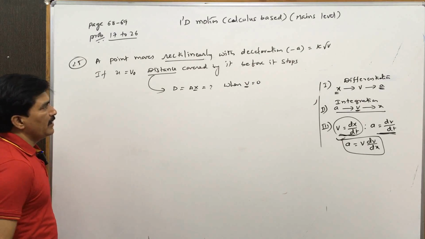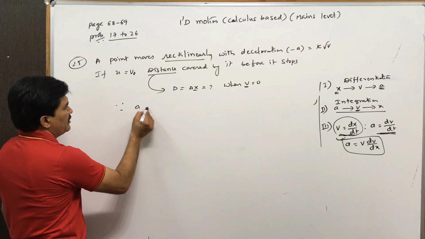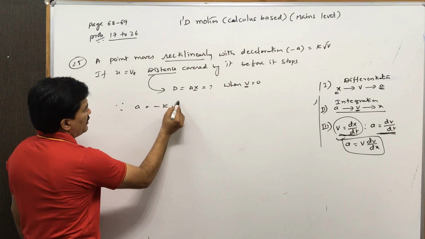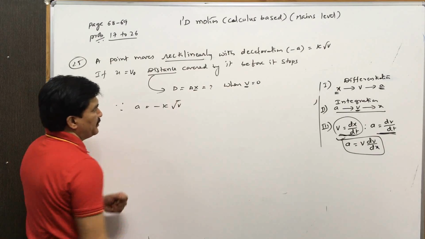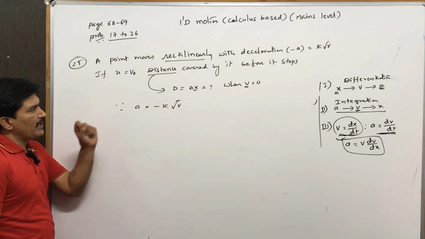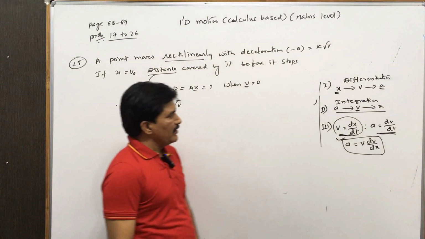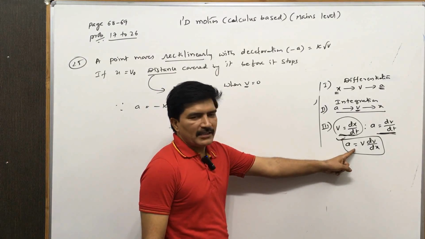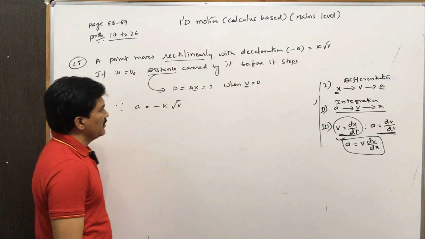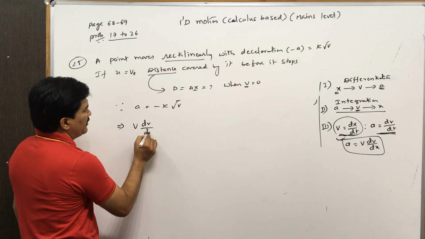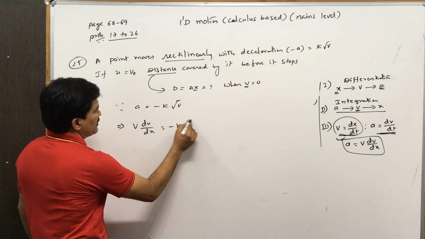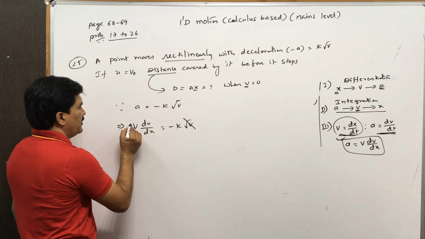Okay. The given one is A is equal to minus k into root v, but I need the relationship between x and v, means I have to write A in terms of x and v. How to write A in terms of x and v? With the help of this equation, that leads to v into dv by dx is equal to minus k into root v.